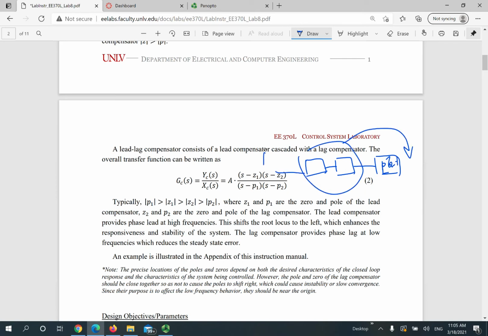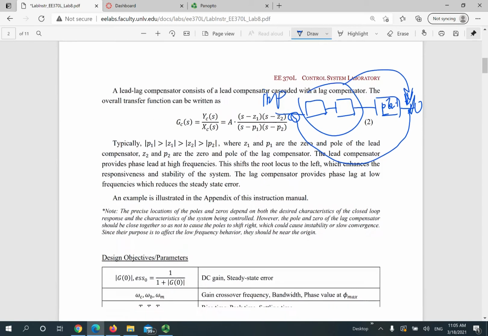This is the input, this is the output, and this is the feedback. You can put it either here or before this connection. If you put it over here, it is basically the same thing. They are cascading, and the sequence doesn't matter.